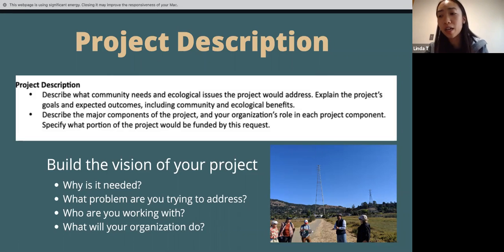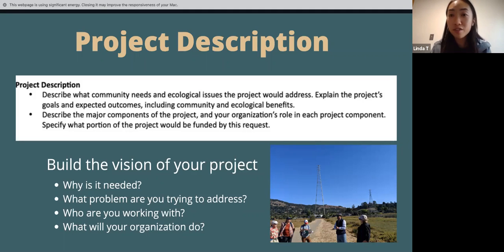So you'd want to think about what some goals and outcomes are that you want. Do you want to be hiring and recruiting a team of community members to be working on this project throughout? Do you want to be hosting community events?